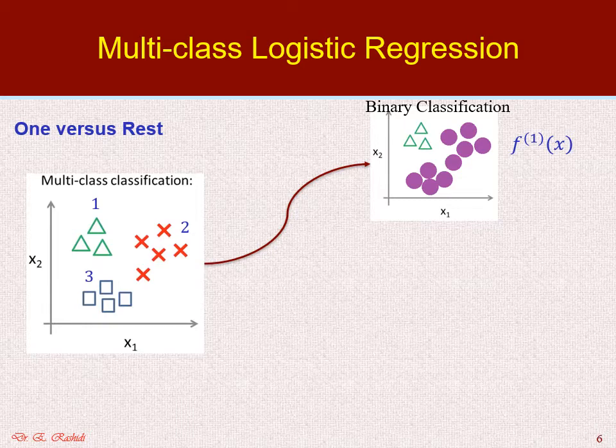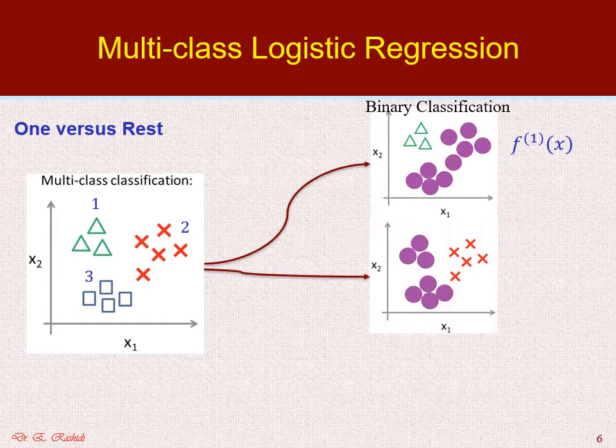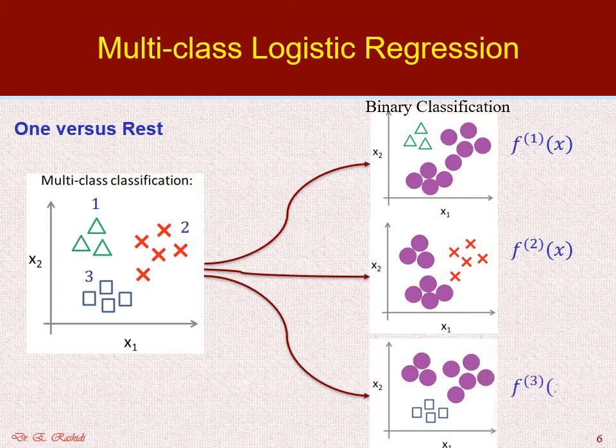So now we're going to go to the second class, class 2, the crosses. We're going to do the same for them, and train a specific logistic regression for class 2, which I'm going to show as f2 of x. Similarly, we're going to do it for the third class, the squares, with its own specific logistic regression model.